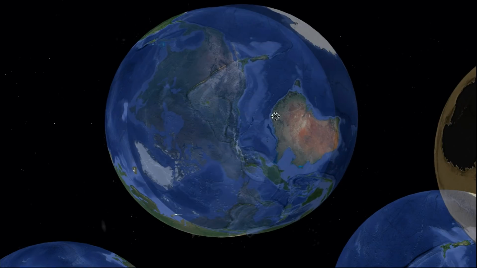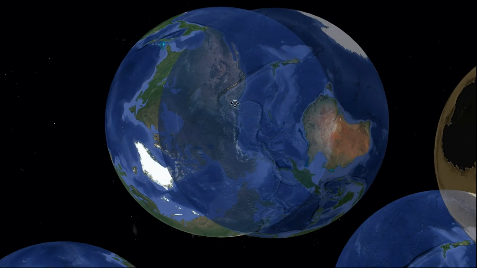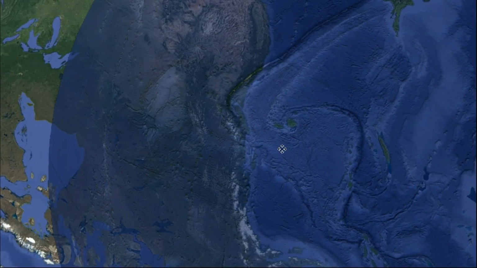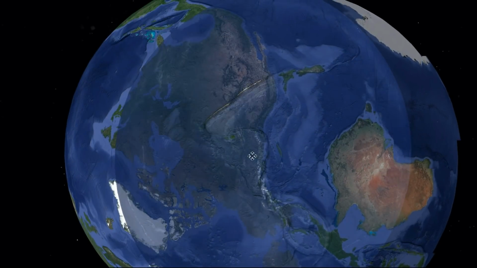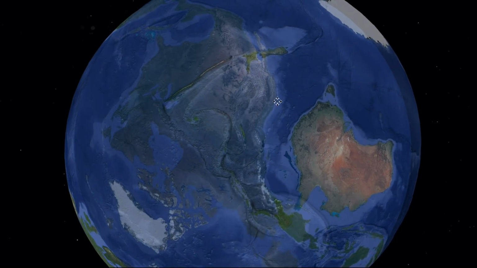But look at the alignment over and over again. Look. It's just almost too easy. There's no reason that this should fit over and over again unless they are related.